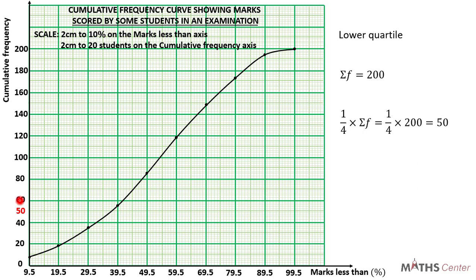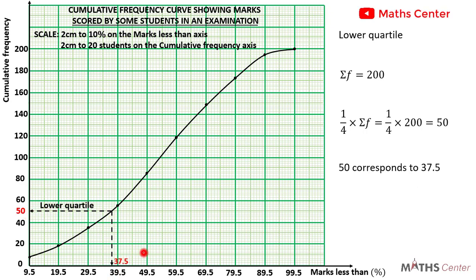Then we will trace it to meet the curve. From the point where it meets the curve, we will trace it to meet the horizontal axis and then read the value there. When I do that, the value I'm having is 37.5. So as we can see, 50 corresponds to 37.5 on the marks less than axis.